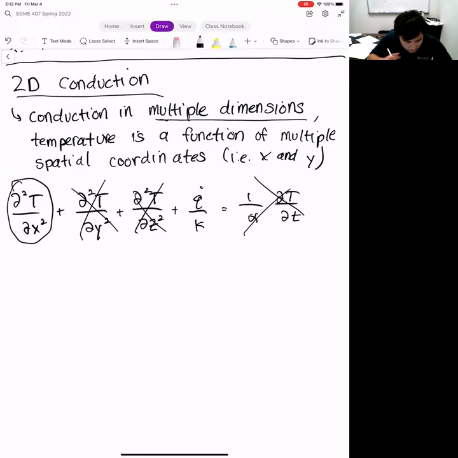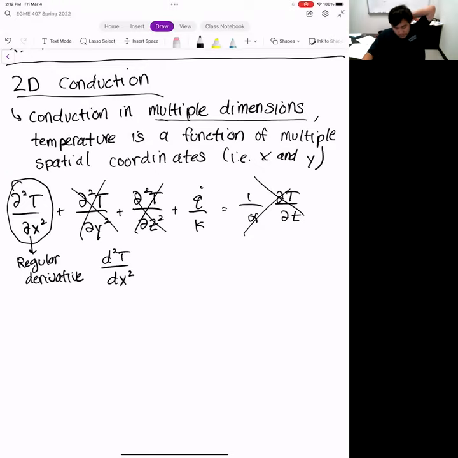Okay. And so because of that, we could transform this into a regular derivative. Right, so we have d squared T dx squared, right? And then thus we could treat this as an ordinary differential equation, which we can simply integrate and solve.